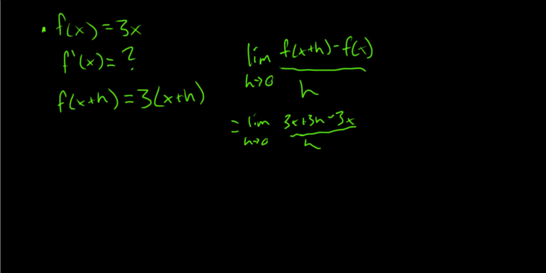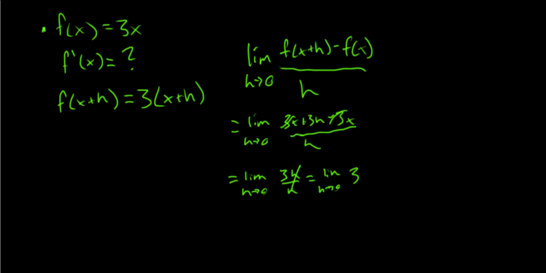Now we could start canceling some terms in our numerator, 3x and negative 3x. Those will cancel each other out, and what we'll be left with is the limit as h approaches 0 of 3h over h. Now since we have an h in our numerator and denominator, we can divide 3h by h, and what we'll be left with after this is just the limit as h approaches 0 of 3.